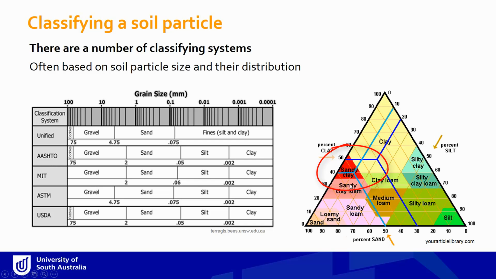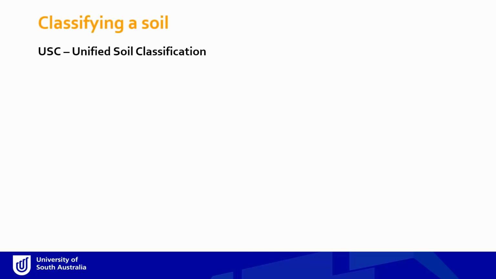Anyway, we engineers usually do not rely on this type of classification. What we rather use is what we call the Unified Soil Classification System. This system is used all over the world, and the soil is named using a two-letter abbreviation.